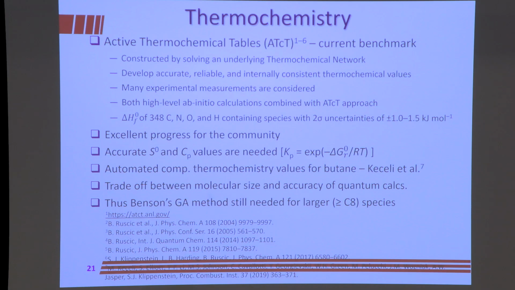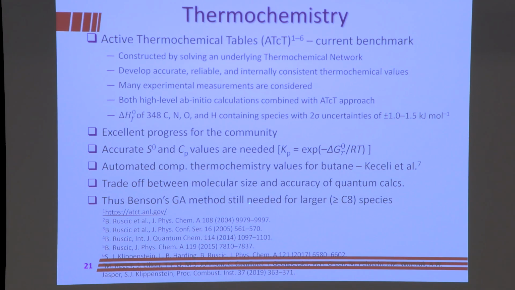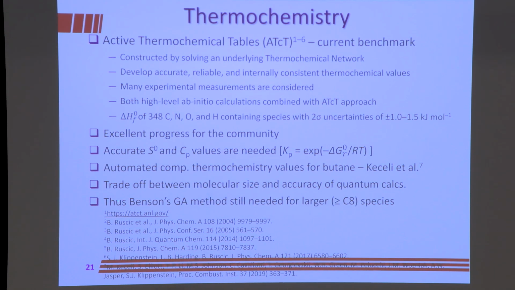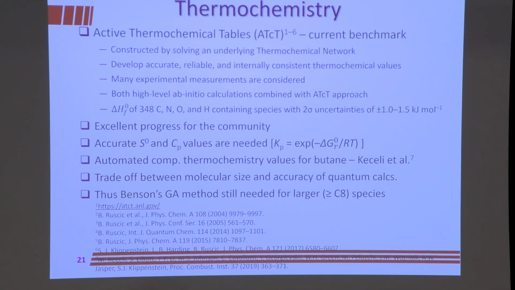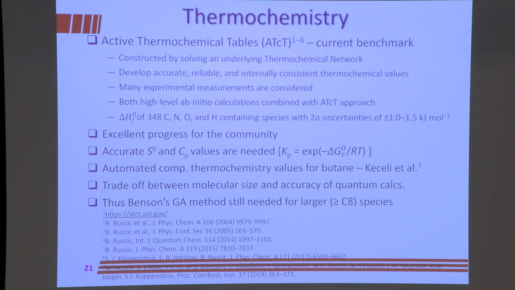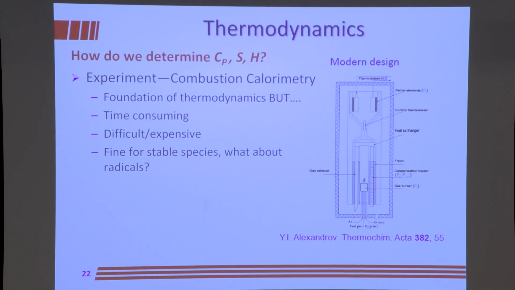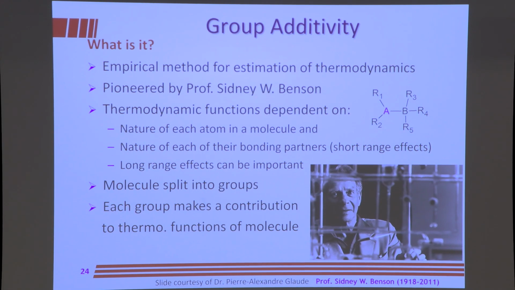And then we derived group additivity values, updated group values based on his calculations, to use in a group additivity code, which I'm going to introduce to you, to calculate the thermodynamic parameters of species, okay? So let me just show you this, okay?